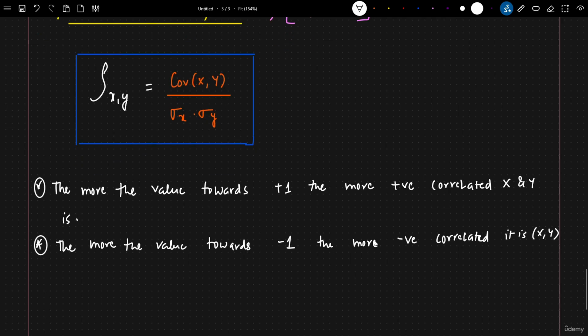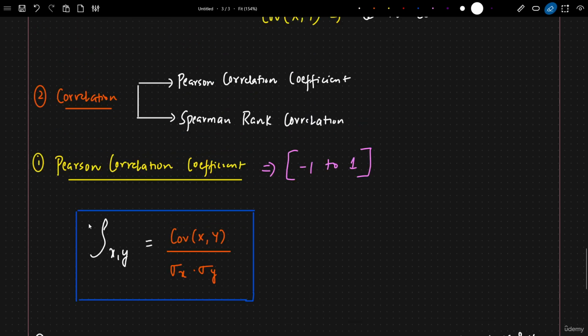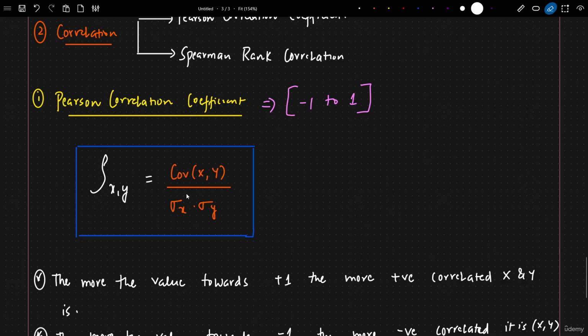And this is all possible because of the Pearson correlation coefficient.